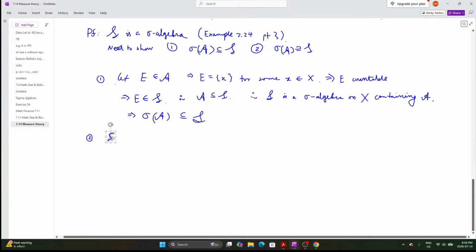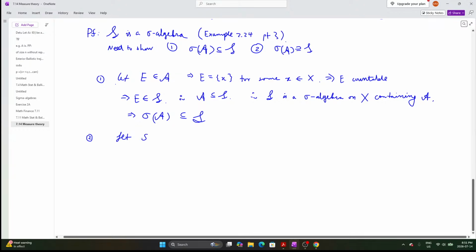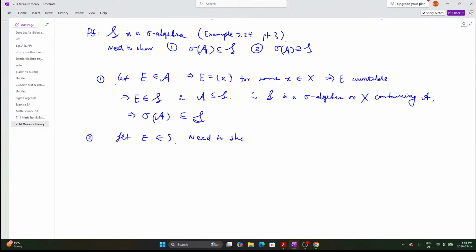Let E be in S. You need to show E is in sigma of A. Let's do two cases. Case 1, E is countable. Therefore E is a countable union of singletons.